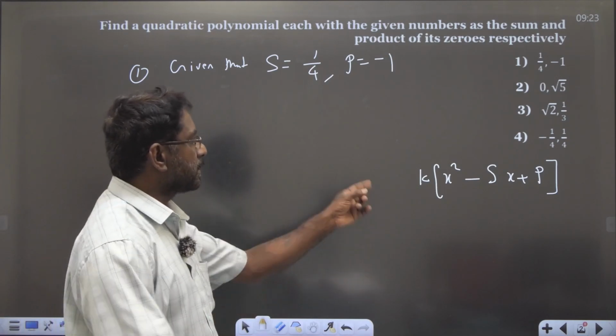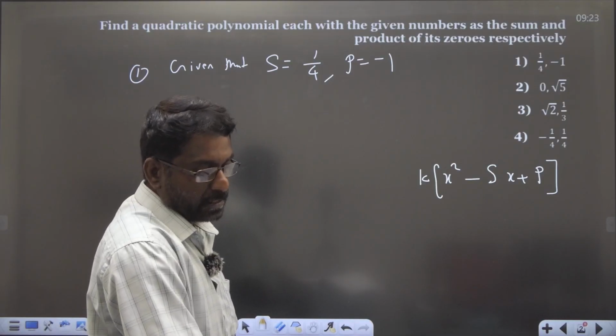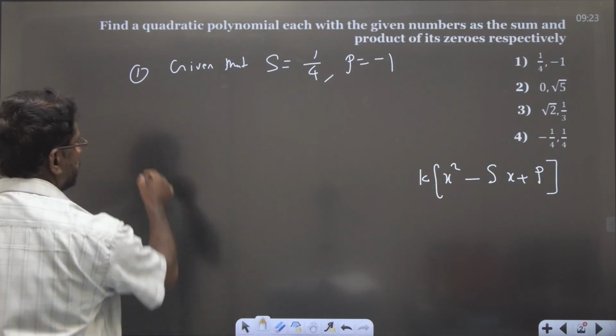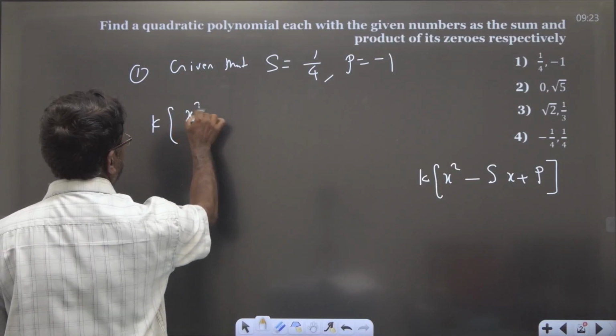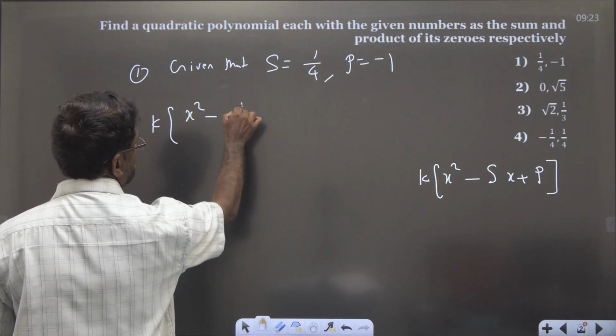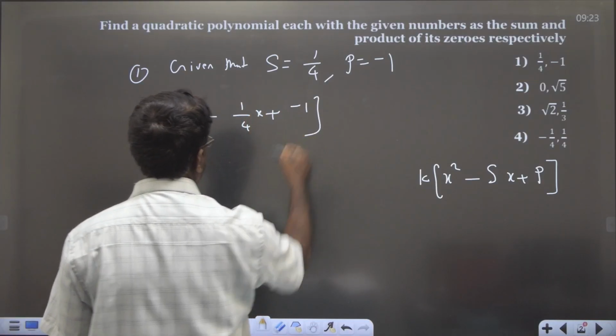So we can directly substitute the values of s and p here. The quadratic polynomial is k into x square minus 1 by 4 x plus p, negative 1.